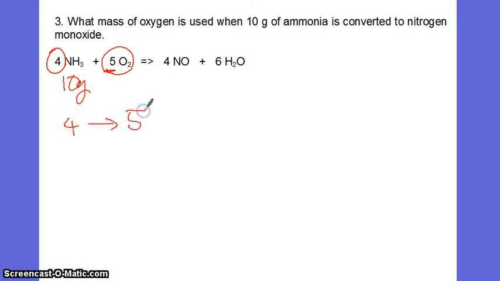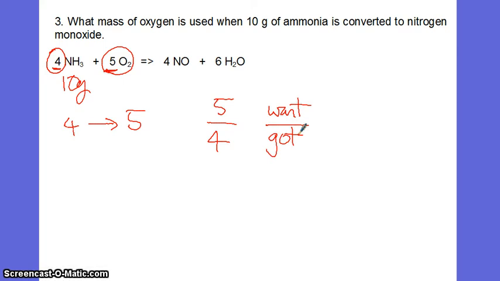When you're working out your ratio, all I would say is to times your mole value by 5 over 4. In other words, the big number of the substance you want divided by the big number of the substance you've got.